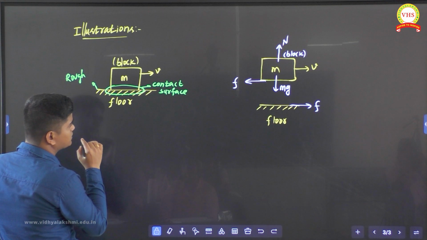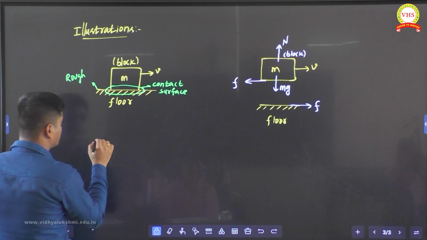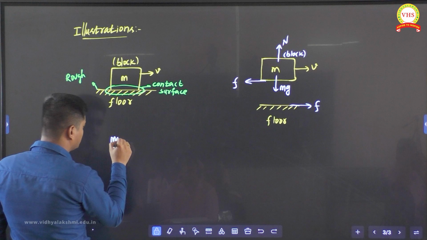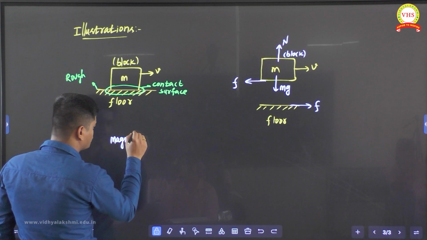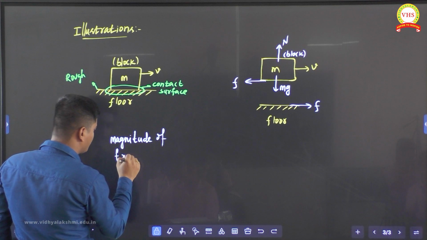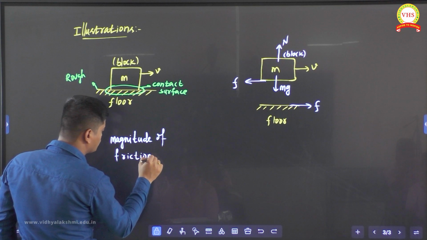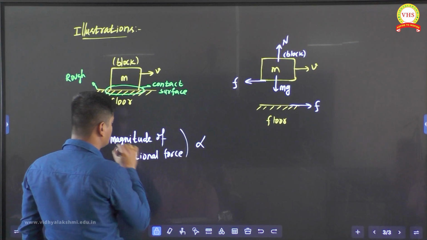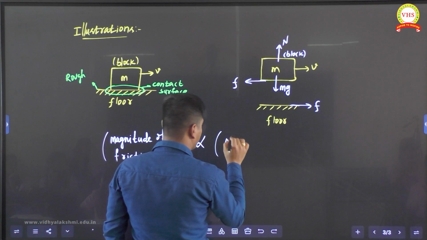Now what I'll do here? If I want to tell the frictional force, what is the magnitude of frictional force? The magnitude of frictional force is directly proportional to the normal reaction.